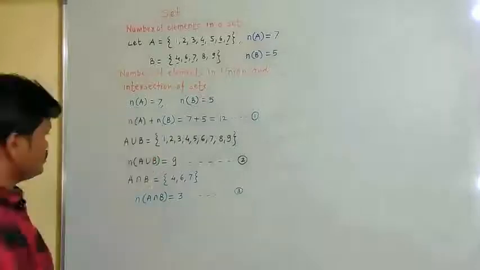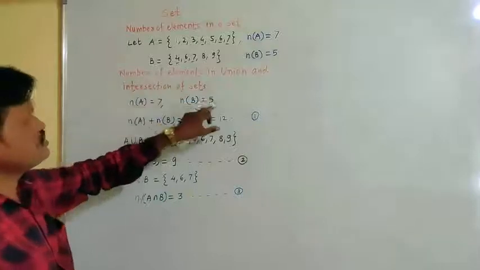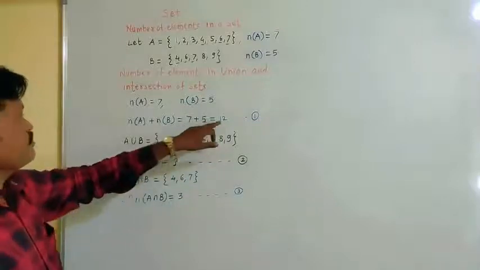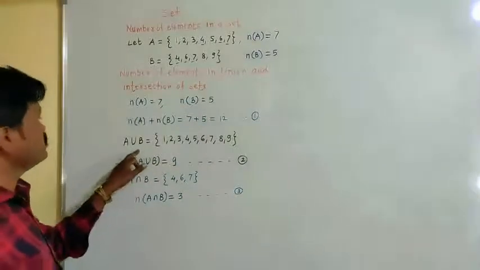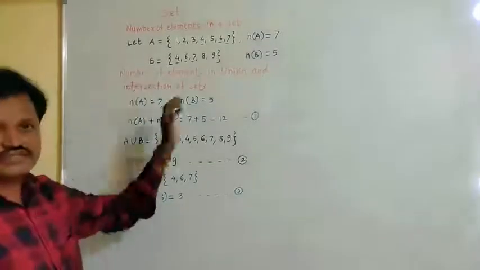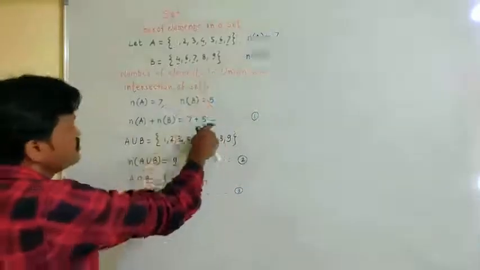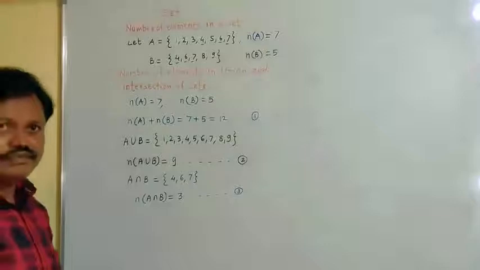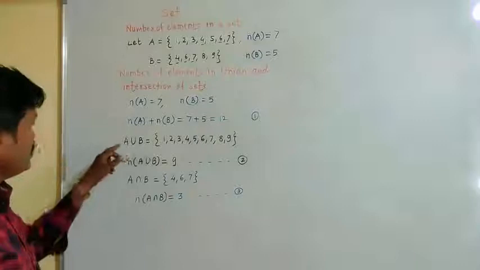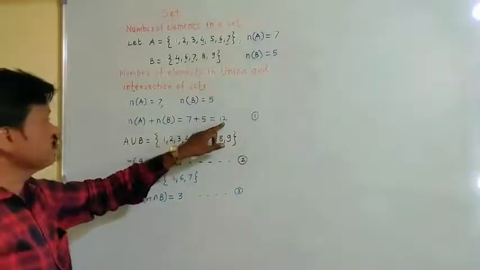Now think here, n of A is equal to 7, n of B is equal to 5. Adding these two, you get your answer 12. But when you write union of both, you get your answer 9. म्हणजे संच ए चा विचार केला तर 7 घटक आहेत, संच बी चा विचार केला तर 5 घटक आहेत आणि दोघांचा मिळून विचार केला तर 12 घटक आहेत. पण ज्यावेळी तुम्ही ए युनियन बी लिहिता त्यावेळी ती संख्या म्हणजे इथं 12 आहे ती संख्या मिळत नाही.